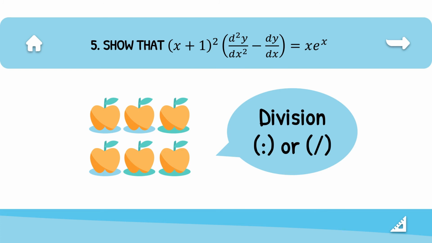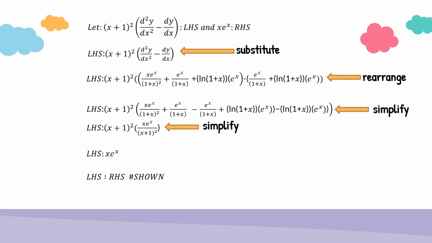Now let us focus on the equation given. Show that (x plus 1) squared times d squared y over dx squared, minus dy over dx, equals x e to the power of x. By taking the left hand side, we can substitute the value of dy over dx and the second differentiation into the equation.